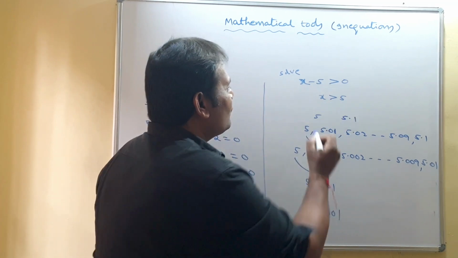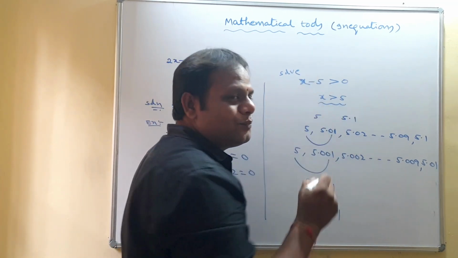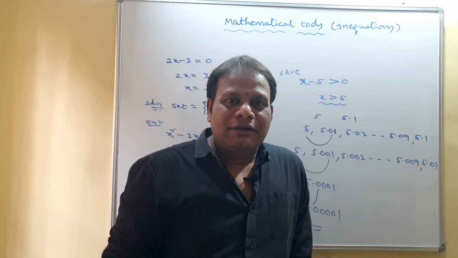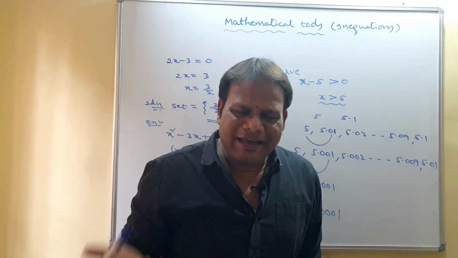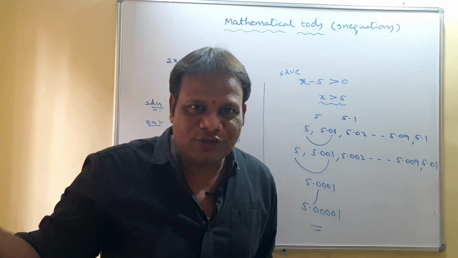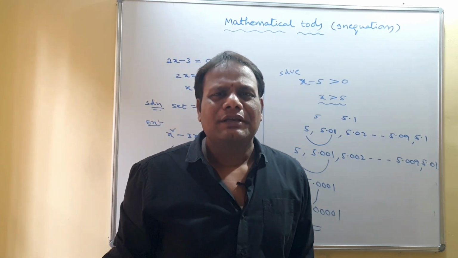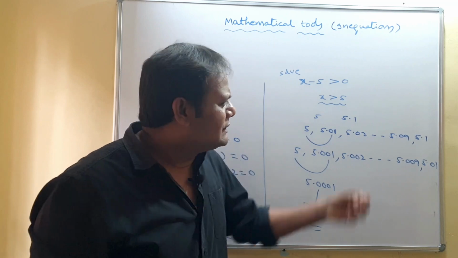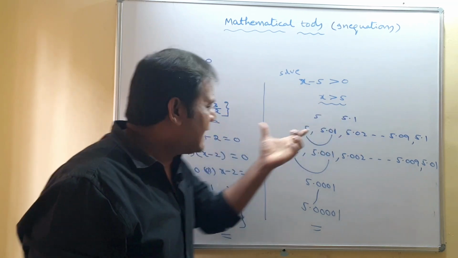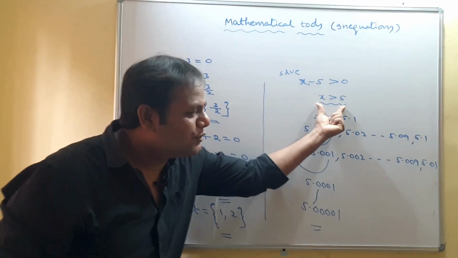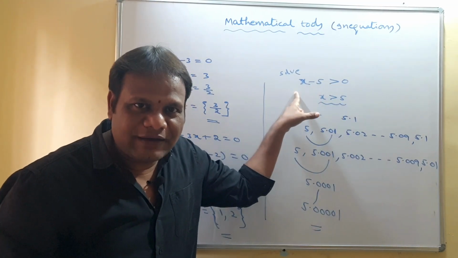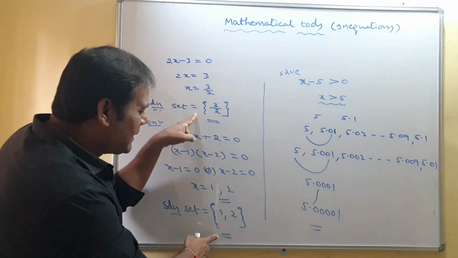So here, what we got? More than 5. More than 5 means, can I give 5.1? Yes. Can I take 5.01? Yes. Can I take 5.1001? Yes. Can you give the solutions as a list of real numbers? Is it possible to give the solutions of this inequation in this pattern?